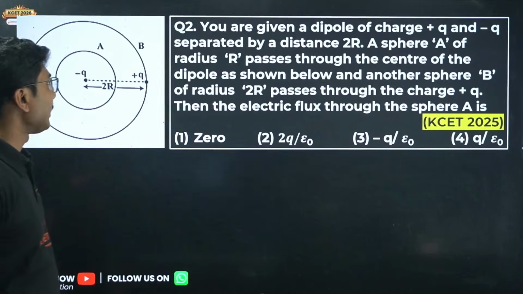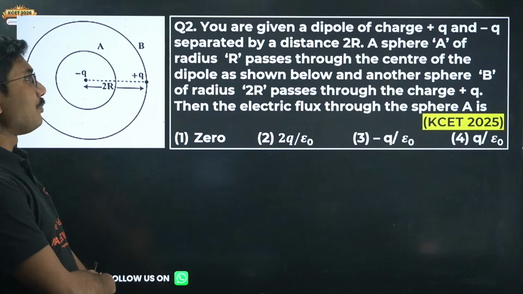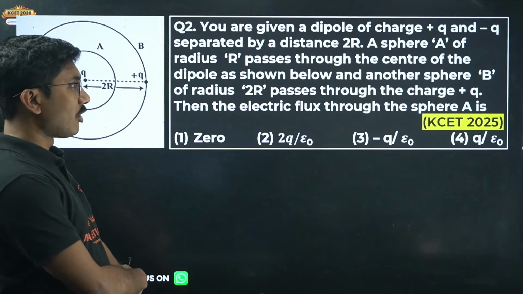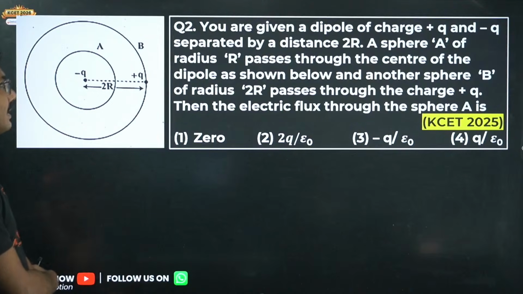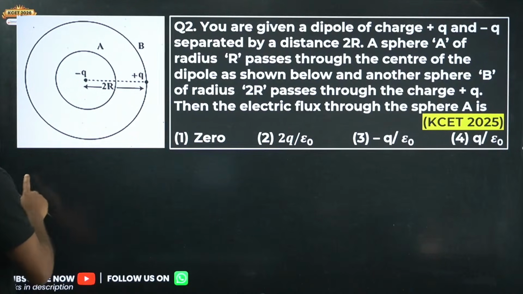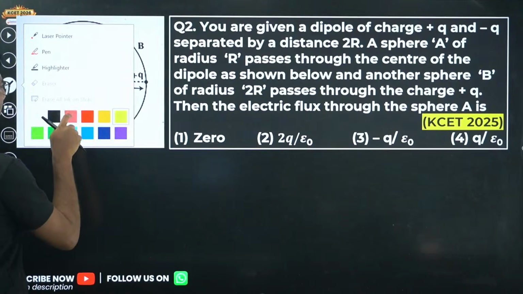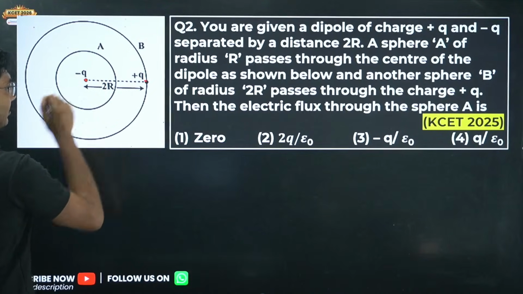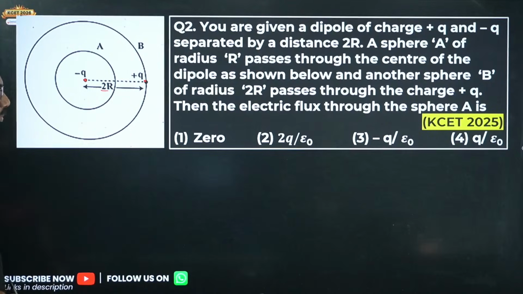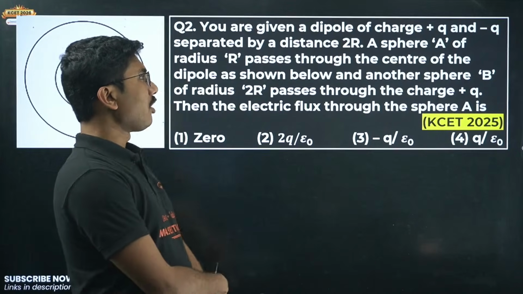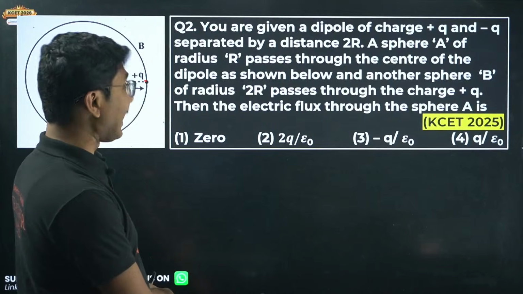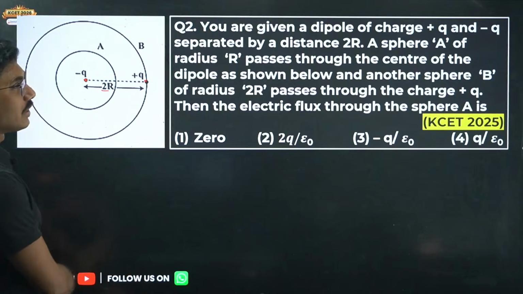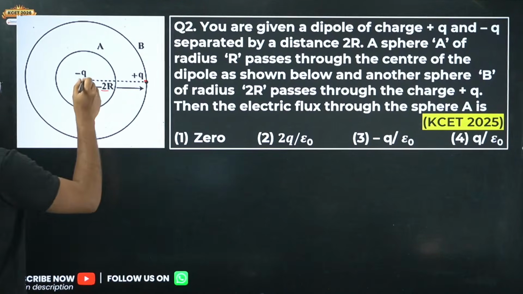Now next question. You are given a dipole of charge plus small q and minus small q separated by a distance 2r. If you see in the diagram, here we have a dipole, 2 charges, minus q and plus q. Distance between them is 2r. A sphere A of radius r passes through the center of the dipole as shown.